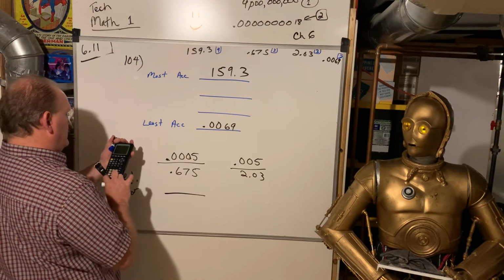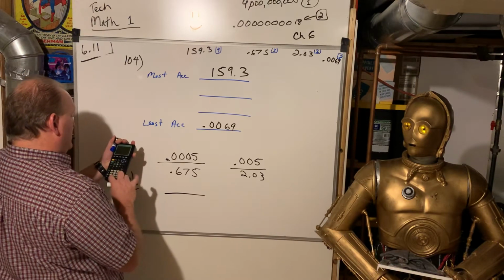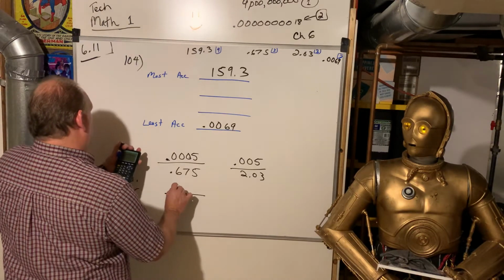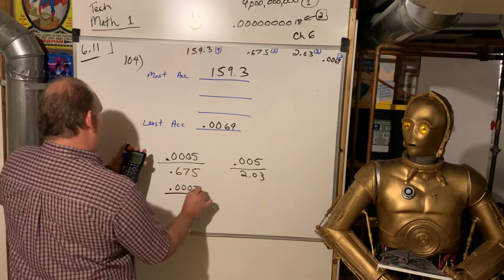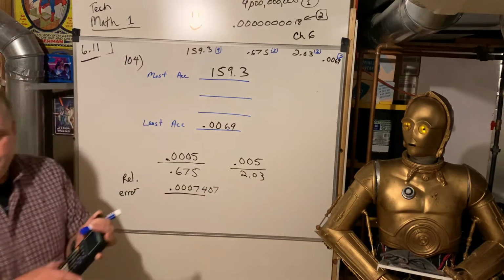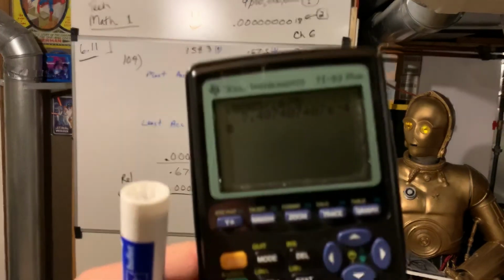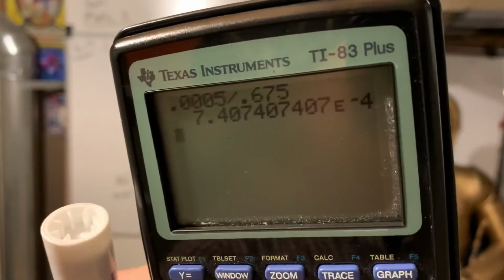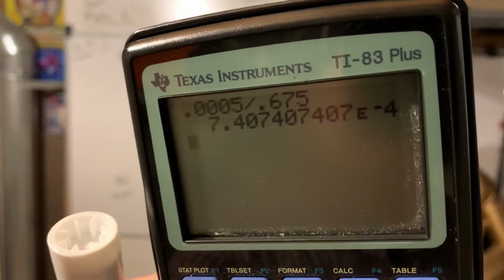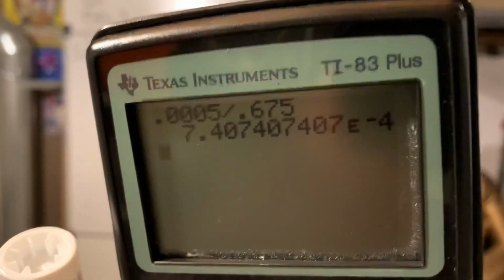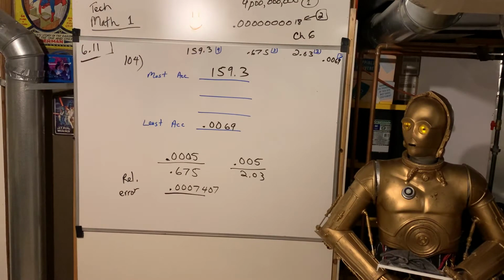So let's see, 0.0005 divided by 0.675 is 0.000747. And here, let me show you on the calculator what the readout is going to look like. When you divide those, the calculator throws it into scientific notation. So that little e to the -4 means take that decimal place and move it 4 places left. That's why I did 0.000747, okay?